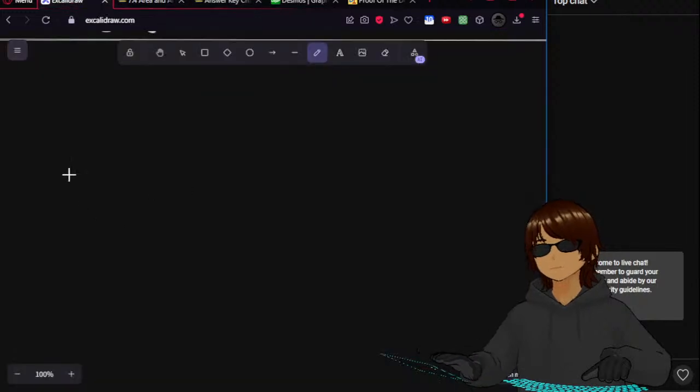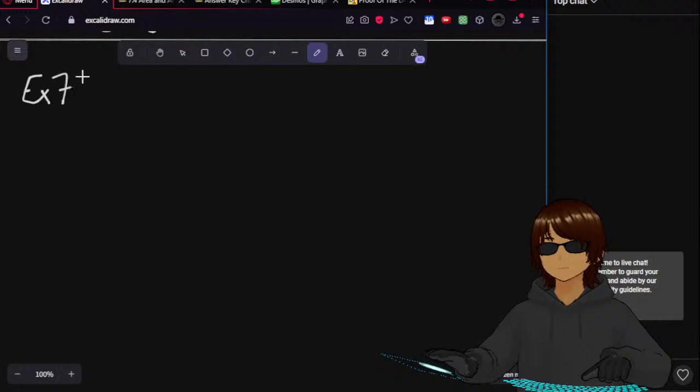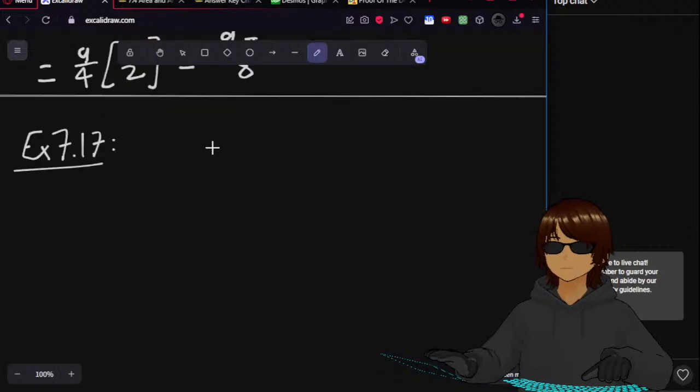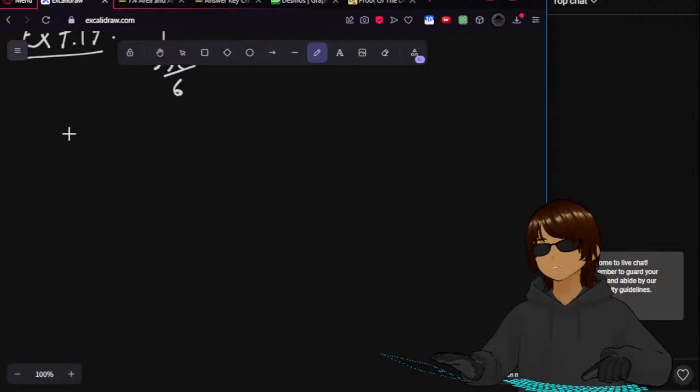7.17. Integral. So first of all, we need to know the intersection.